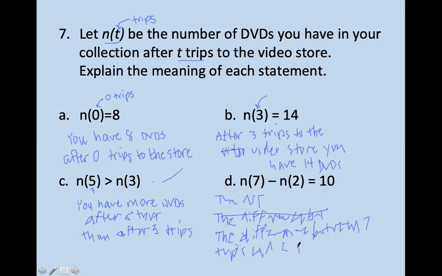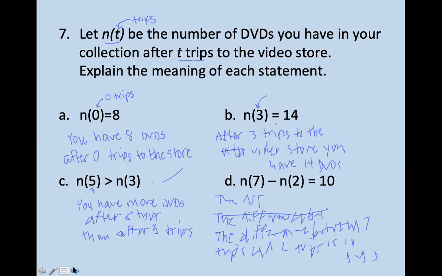And again, if you can't read this, it's written out nicely in the notes, and the link to the notes is in the folder in Schoology. So the difference between 7 trips and 2 trips is 10 DVDs. All right, so what this says is the difference between 7 trips and 2 trips is 10 DVDs.